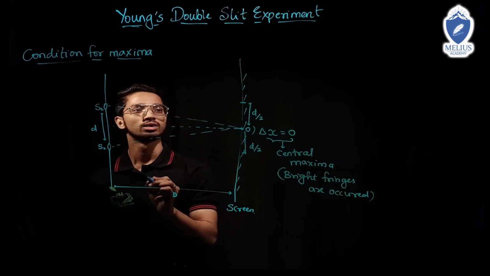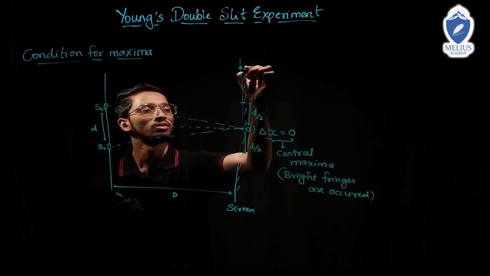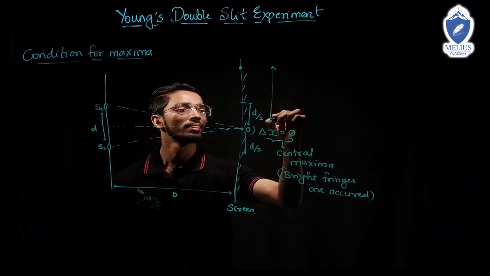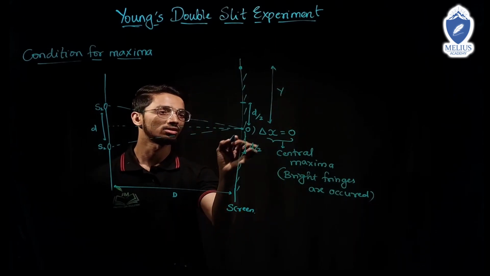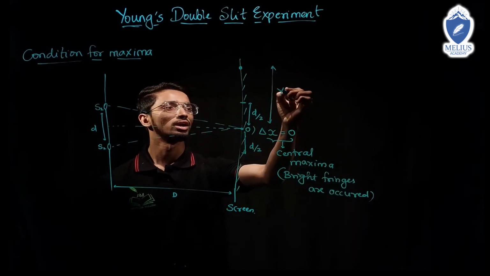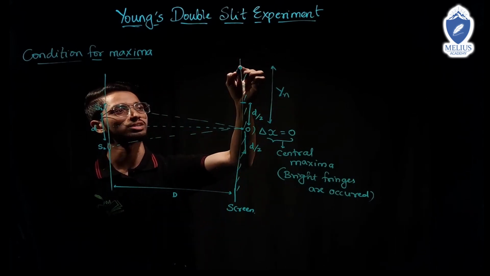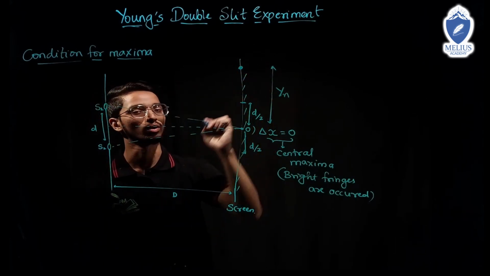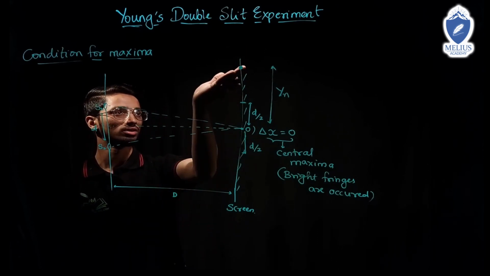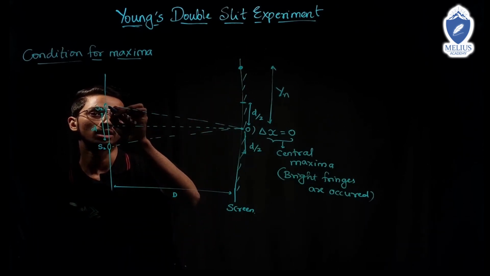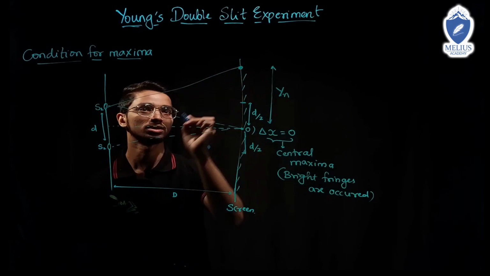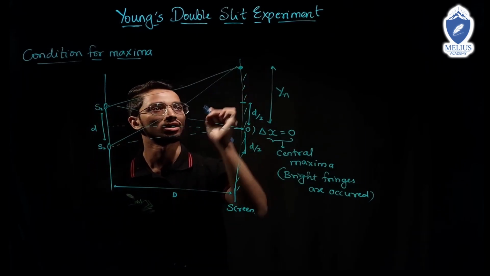If I see any y distance away from the center of the screen, let us assume yn distance, the nth fringe is forming here at yn distance from the center of the screen. This is one path and this is the other path.